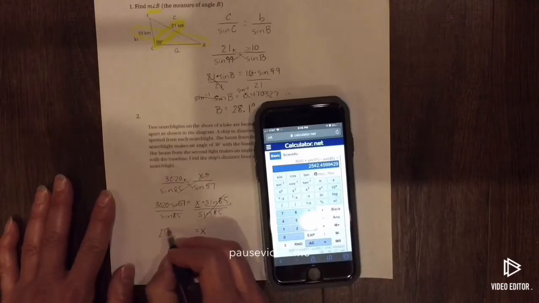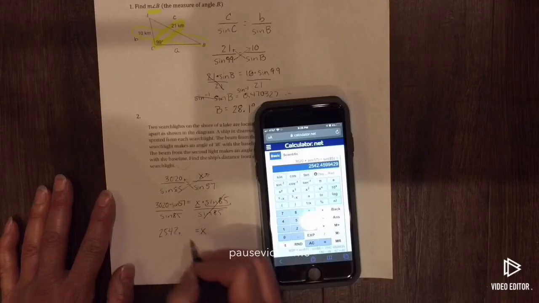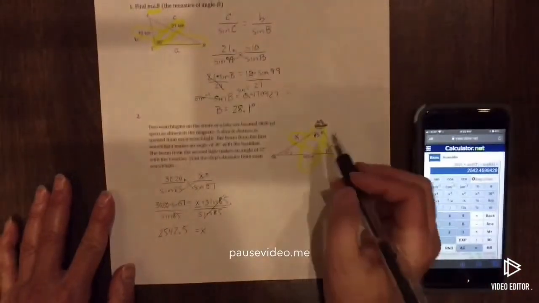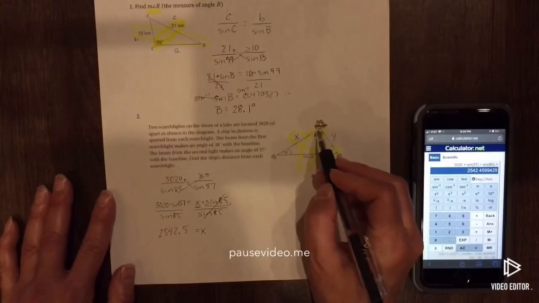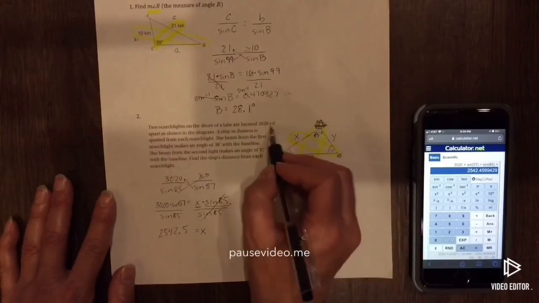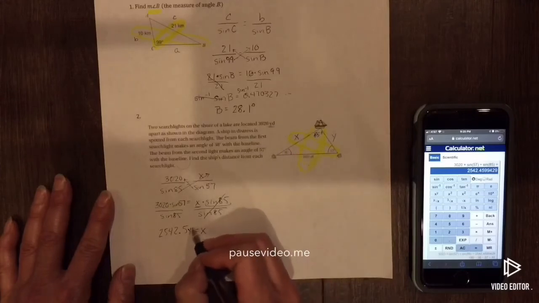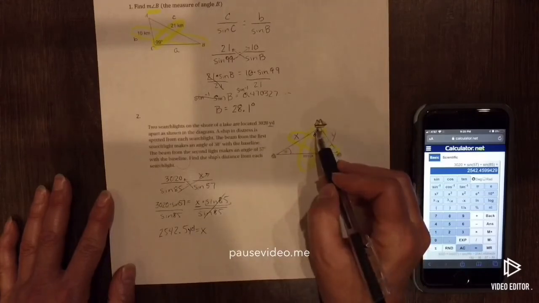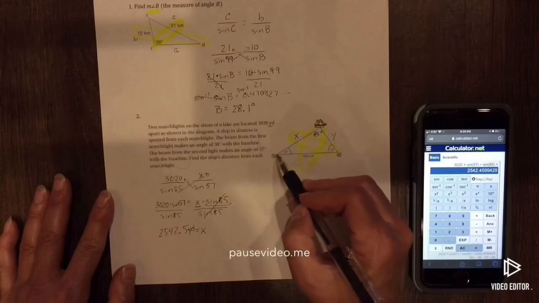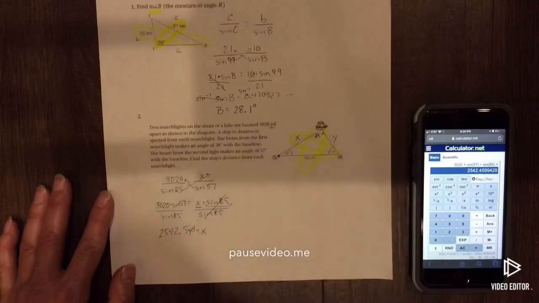Now, is this degrees? No, we were not solving for an angle, we were solving for a side length, okay? That is the measure of this side. So the ship, that's how far away it is. It was in yards, so we could label that the ship is 2,542.5 yards from this light right here, okay?